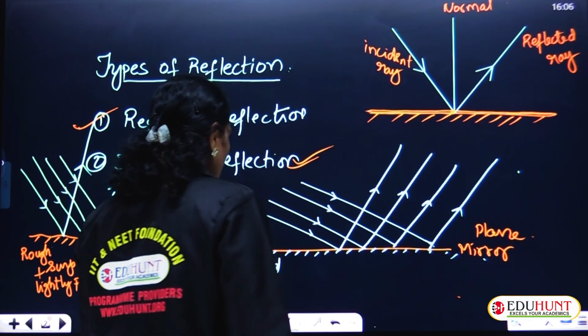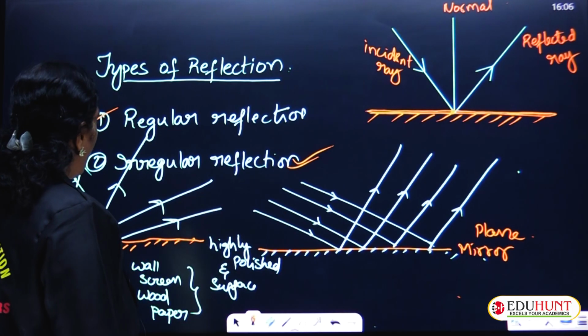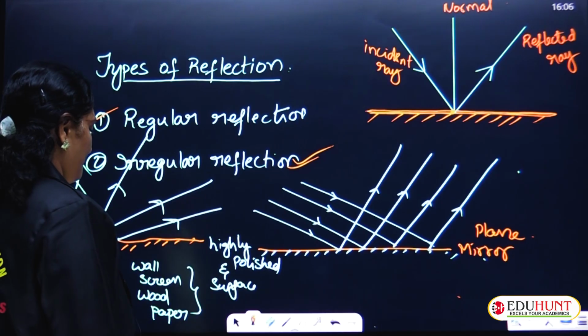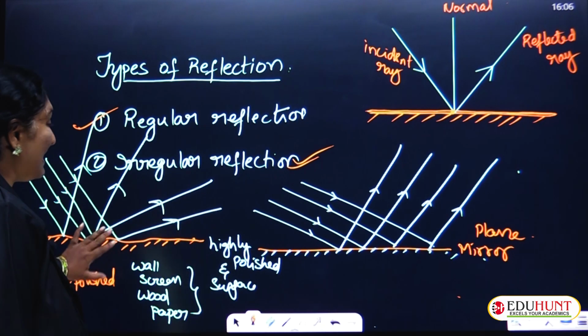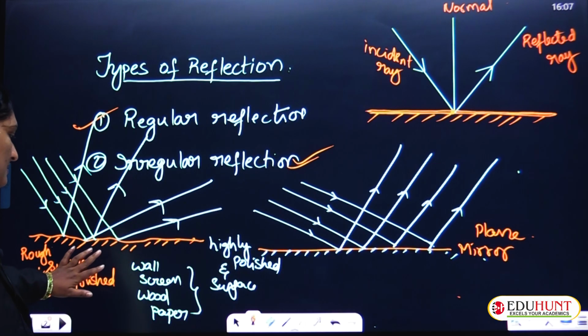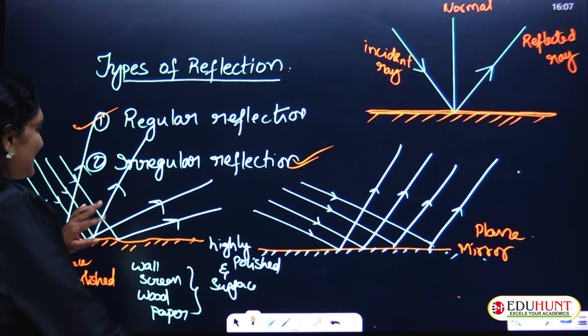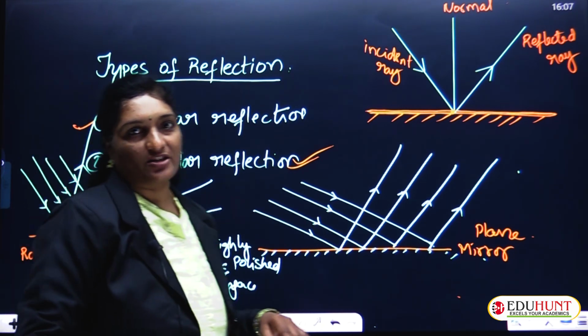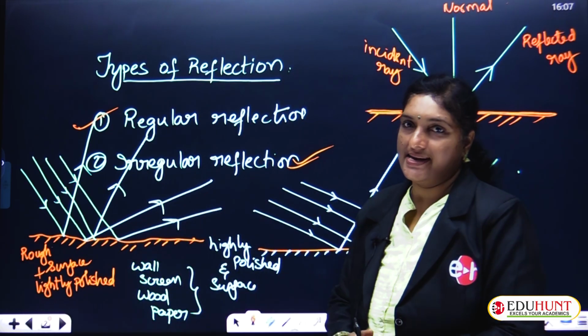Whereas whenever the light ray falls on irregular surfaces, the light is scattered and moves in all possible directions.